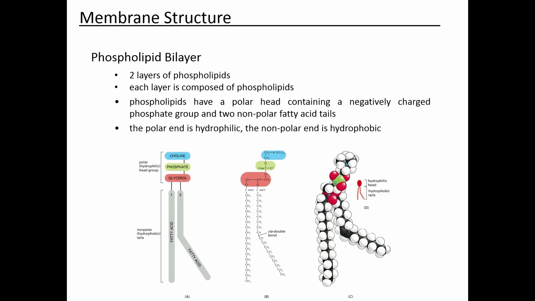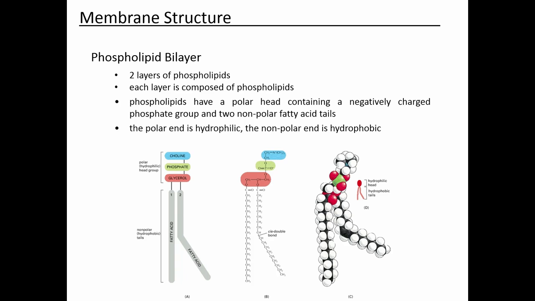one layer of phospholipids has its hydrophilic heads pointing towards the water that would be on this side of the membrane. So the hydrophilic heads want to be associated with that, and the hydrophobic tails point away. And then the other phospholipid layer is going to be a mirror image of that.